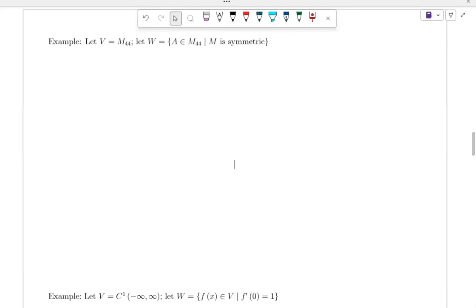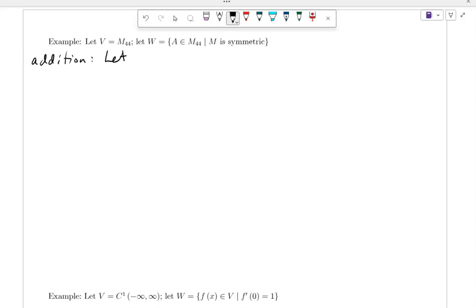4x4 matrices. We're going to look at the ones that are symmetric. Does that form a subspace? Same idea. We're going to test our two closure axioms. I'm just going to label them to start with addition and scalar multiplication.